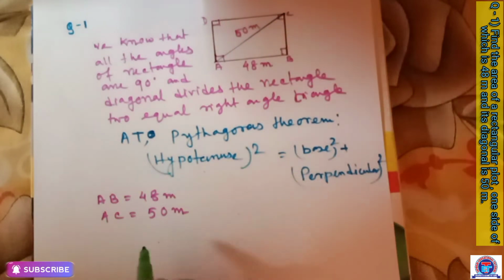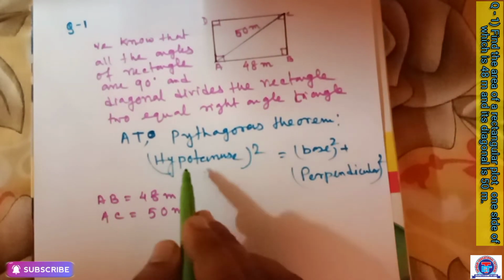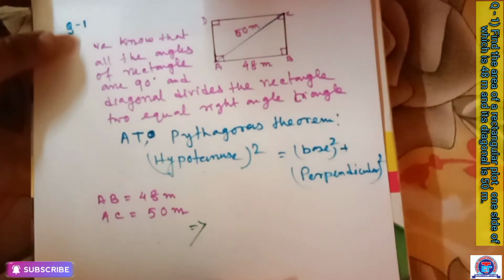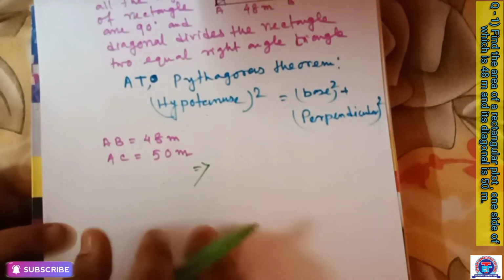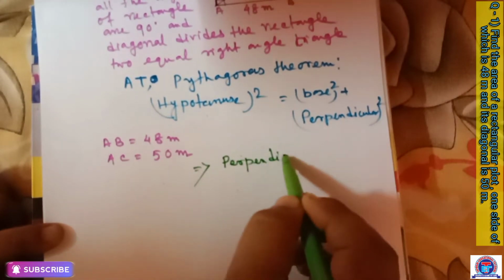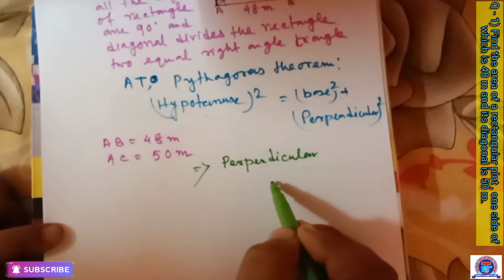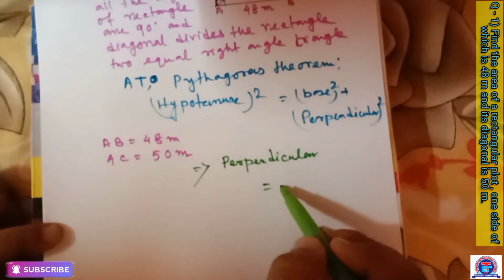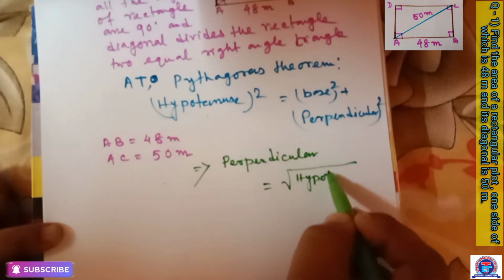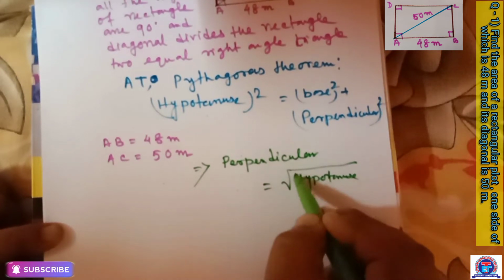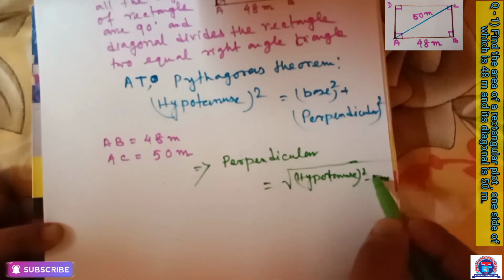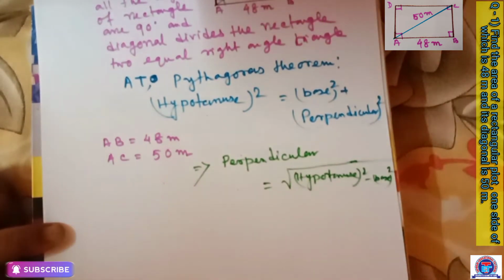So from this formula, perpendicular is equal to hypotenuse square minus base square, correct?